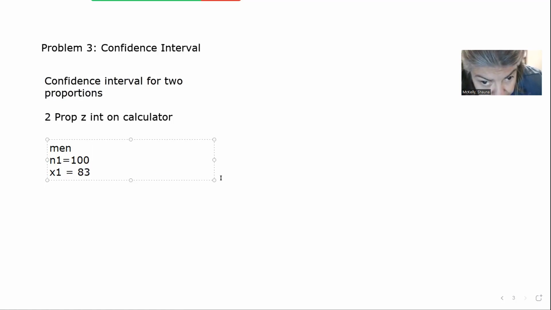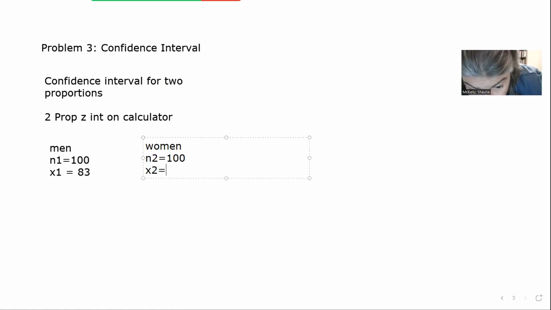Okay. And then for the women, for the women, we have n2 is equal to 100, and x2 is 75. Okay, so those are your things here.